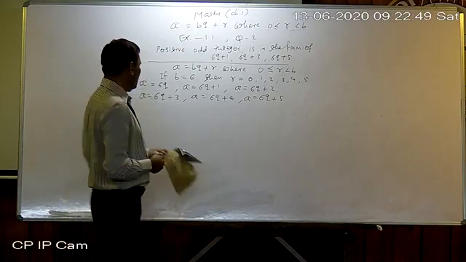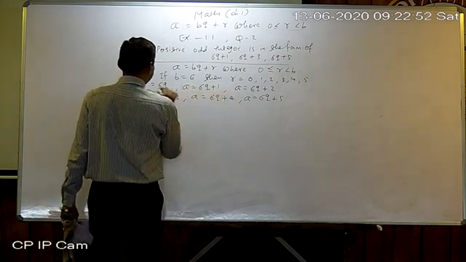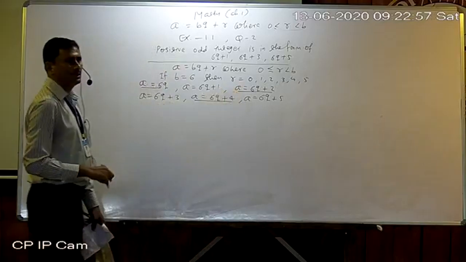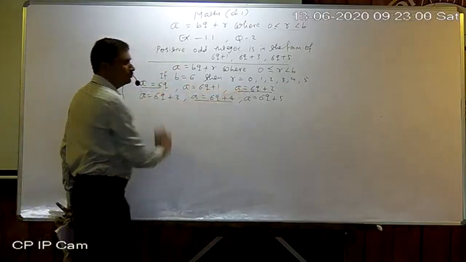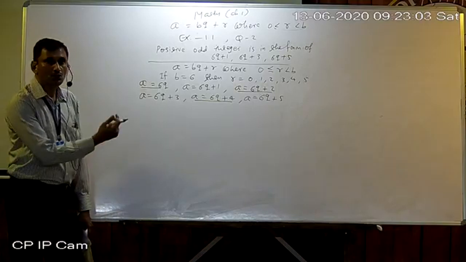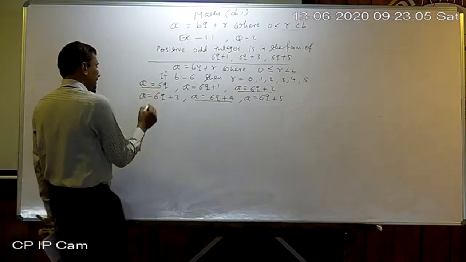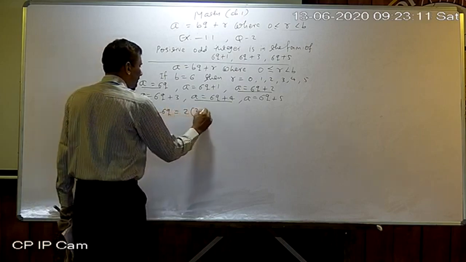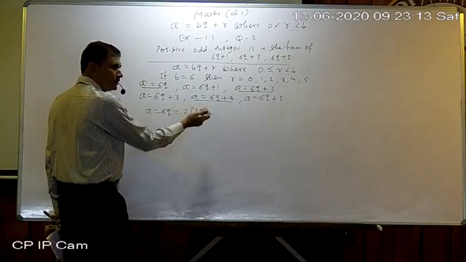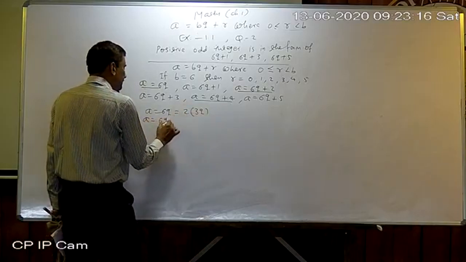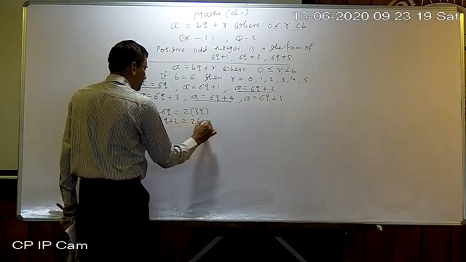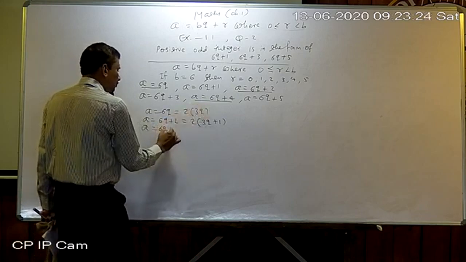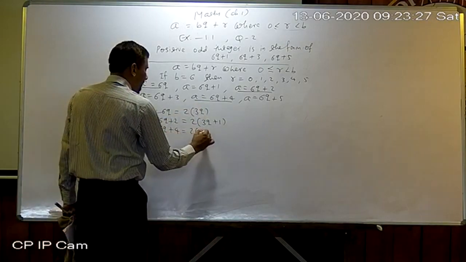Now look at this number, this one and this one. Obviously they are divisible by 2. Why? 2 can be taken as a common. So we can write a equal to 6q equal to 2 into 3q. Take only 2 common, not more than 2. a equal to 6q plus 2 is equal to 2 into 3q plus 1. a equal to 6q plus 4 is equal to 2 into 3q plus 2.